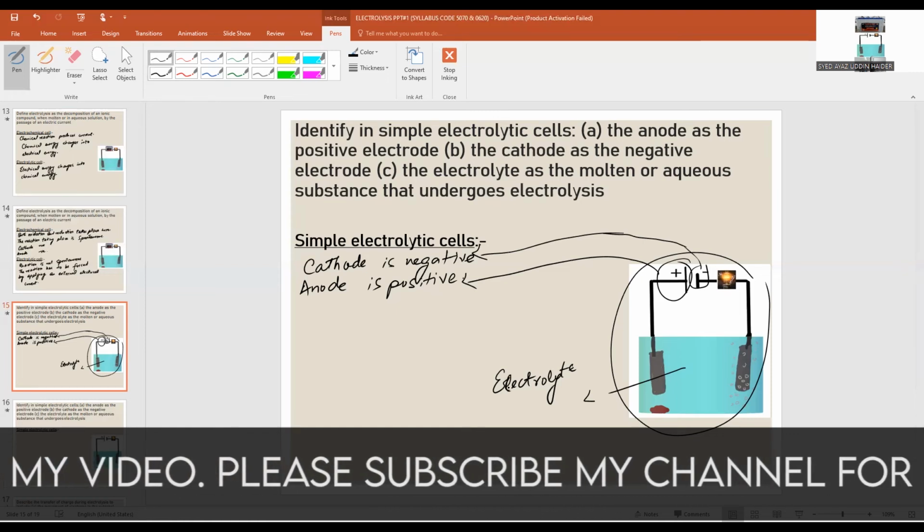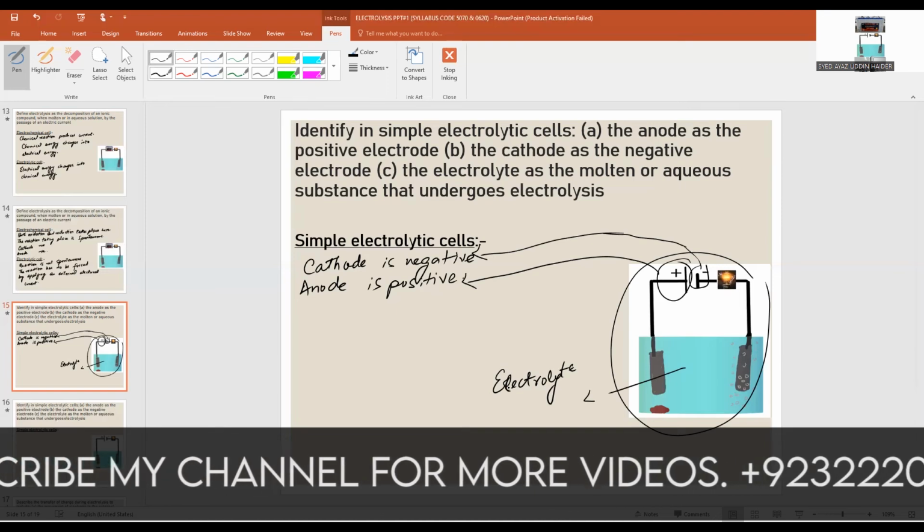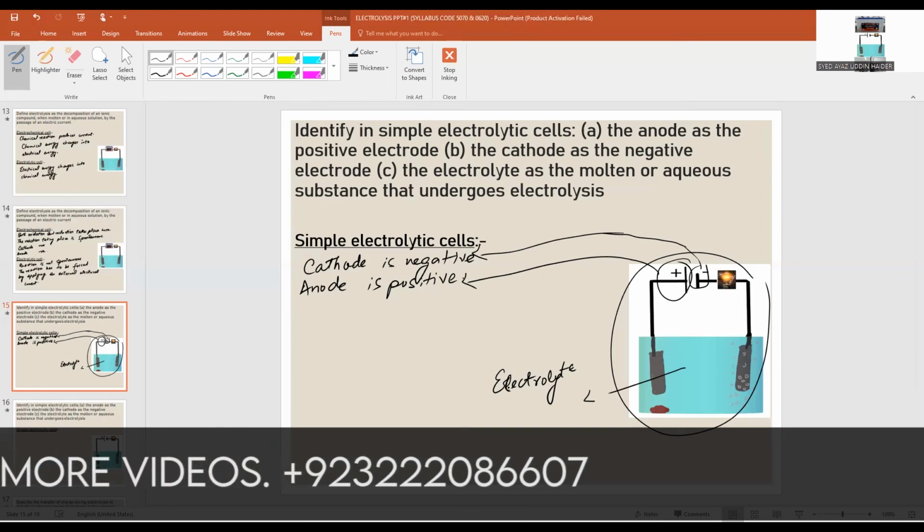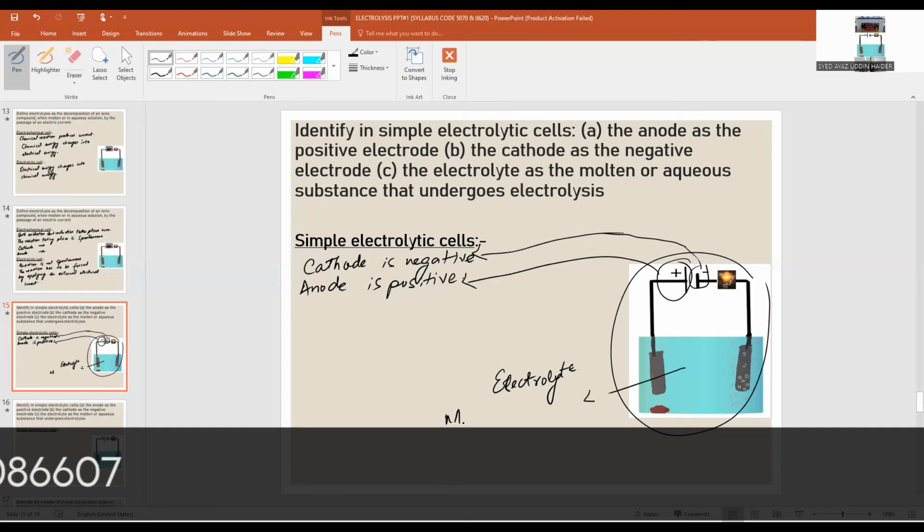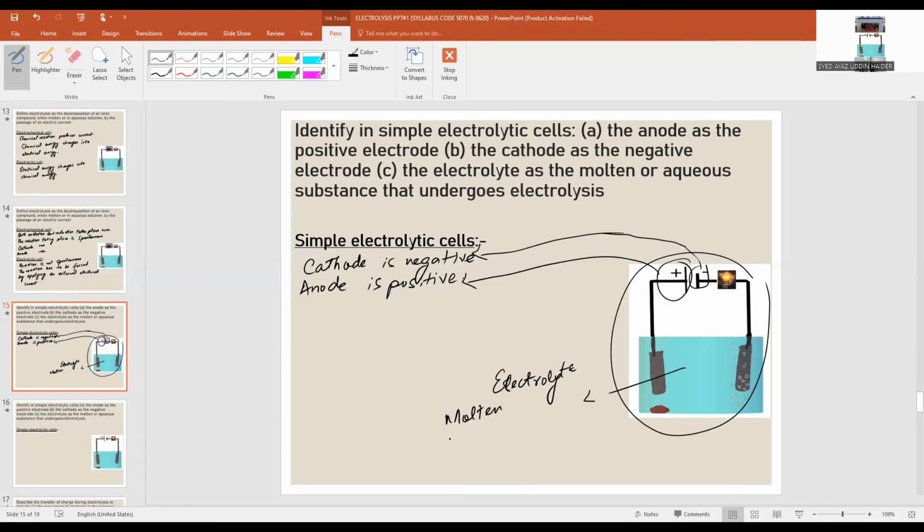Electrolyte can either be molten liquid or aqueous solution of ionic salt that undergoes electrolysis.